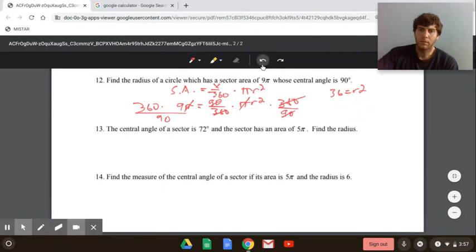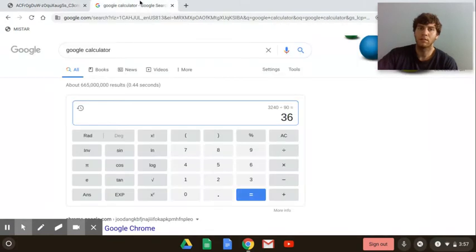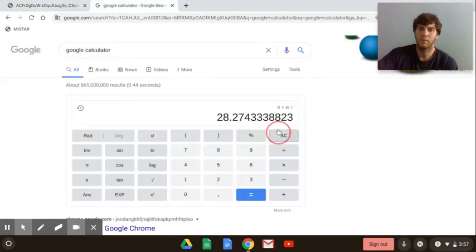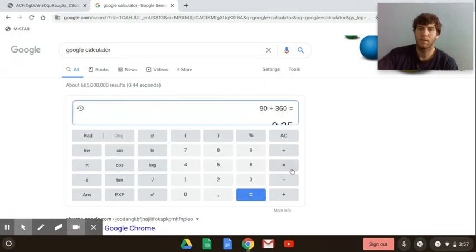in maybe an easier way. Delete all this stuff though. Okay, you can multiply everything out on one side. So on one side there's 9 pi, so 9 times pi is 28.3. Right, so this side's 28.3. On this side, you do 90 divided by 360 times pi. So 90 divided by 360 is 1/4 times pi.